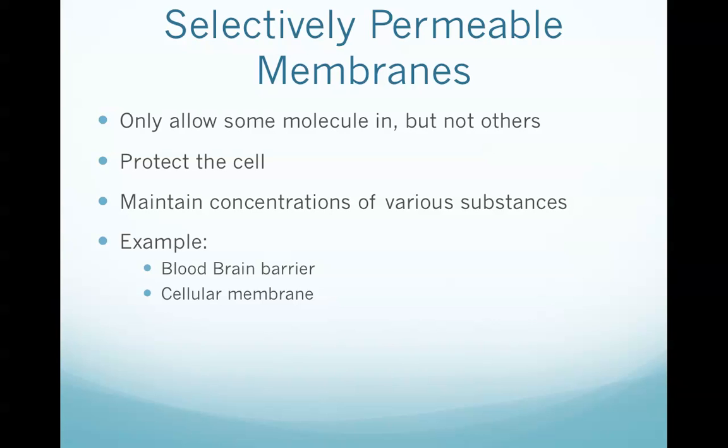You don't want anything going into your cells because it would throw off your homeostasis and it could probably even kill you. And if you think of our skin as a way to protect our body, things can't always penetrate our skin. Some things can, but not everything can. You can think of the cell membrane as a type of skin to the cell.